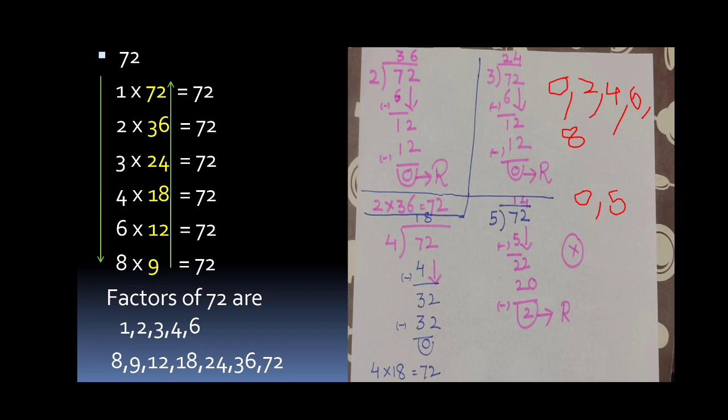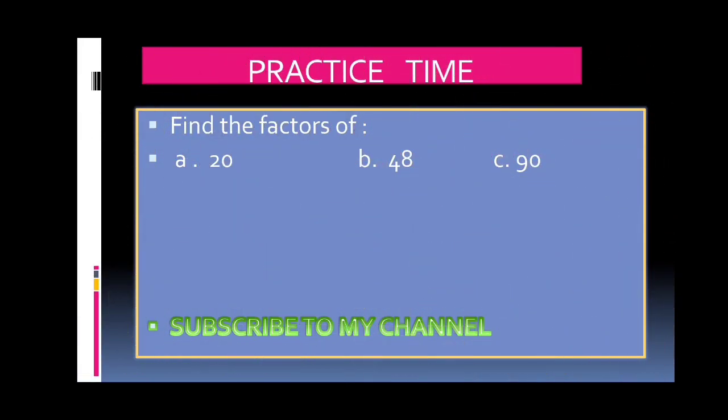If you don't know whether it is divisible or not, then what will you do? In the 3 table, we check whether we get the desired result. That means 3 3s are 9. So that is the divisibility rule for 3: if the sum of the digits is divisible by 3, then the number is divisible by 3.